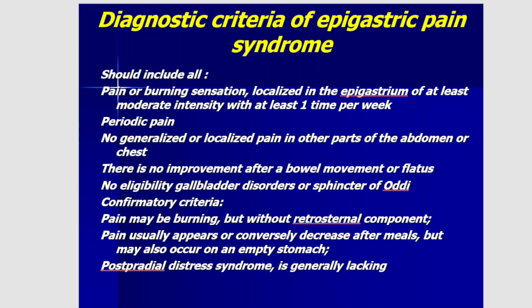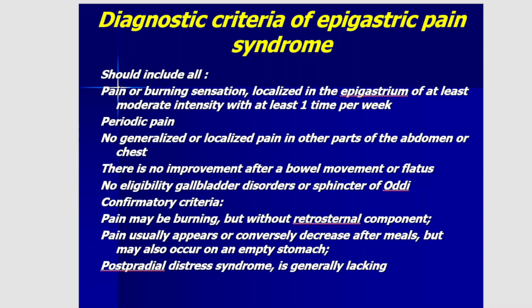Diagnostic criteria of epigastric pain syndrome include all of the following: pain or burning sensation localized in the epigastrium of at least moderate intensity at least one time per week. Periodic pain. No generalized or localized pain in other parts of the abdomen or chest. There is no improvement after a bowel movement or passing flatus. No criteria for gallbladder disorders or sphincter of Oddi disorders.